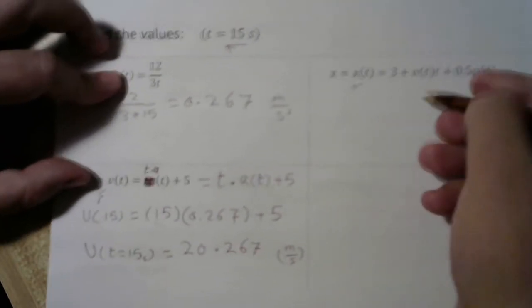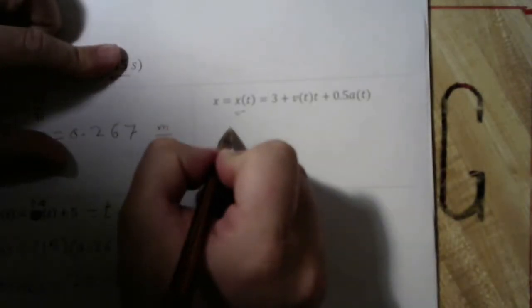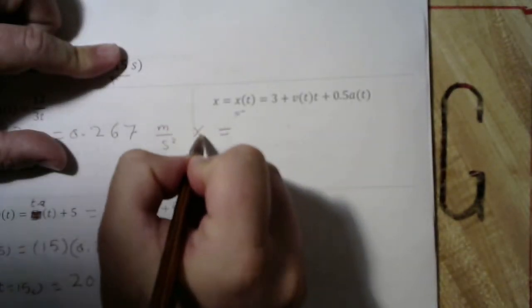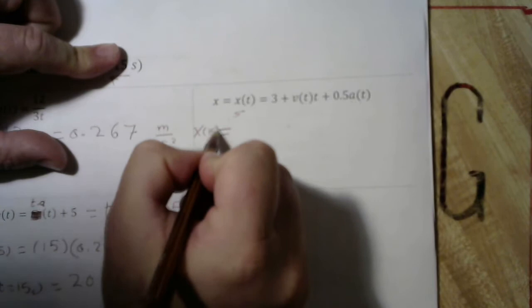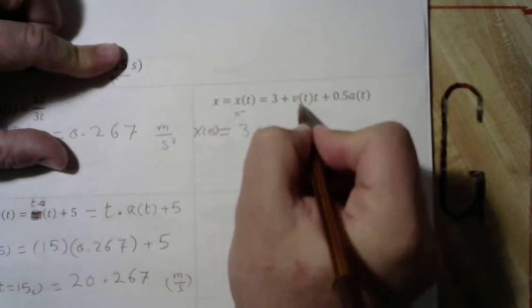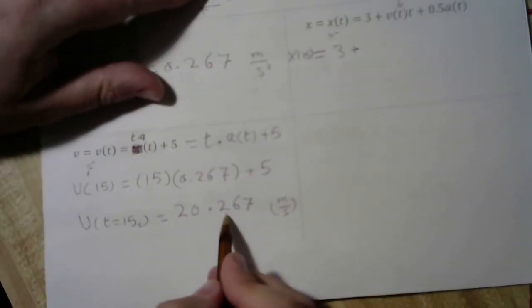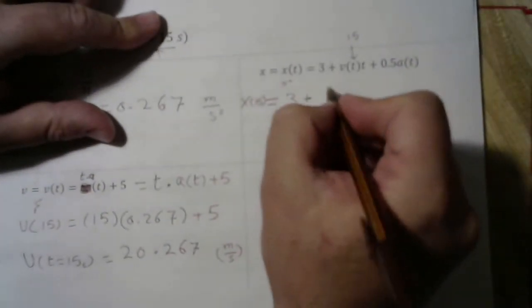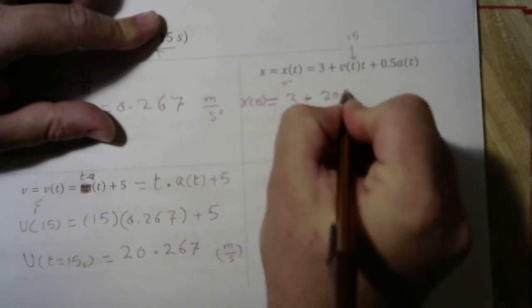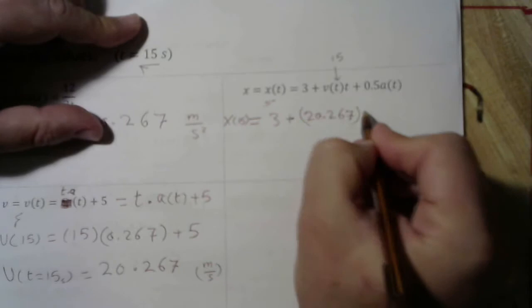Okay, now I can compute and find the position. It is equal to x at t equal to 15, 3 plus v at 15. This is v at 15. It is 20.267 multiplied by t.